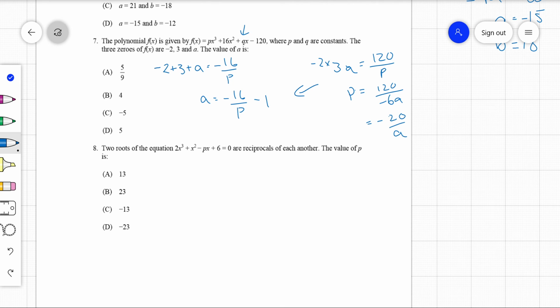If I sub that in for p, I've got a, using this one but subbing in this. So minus 16, times by 1 on p, which means just tipping this upside down.